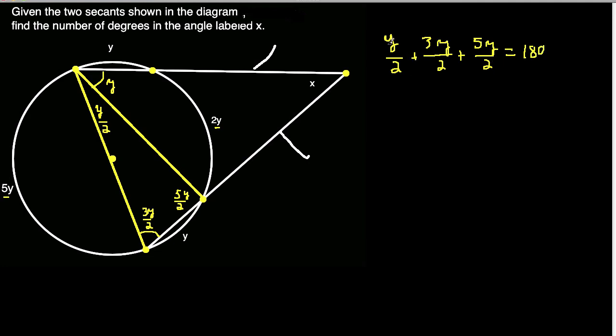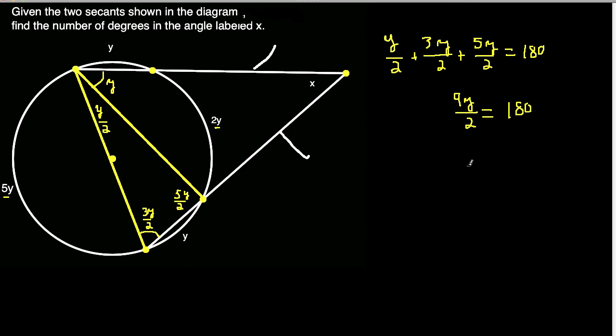These are all the same denominator, so I add up: y plus 3y is 4y, 4y plus 5y is 9y, so this all looks like 9y over 2, and that's equal to 180.